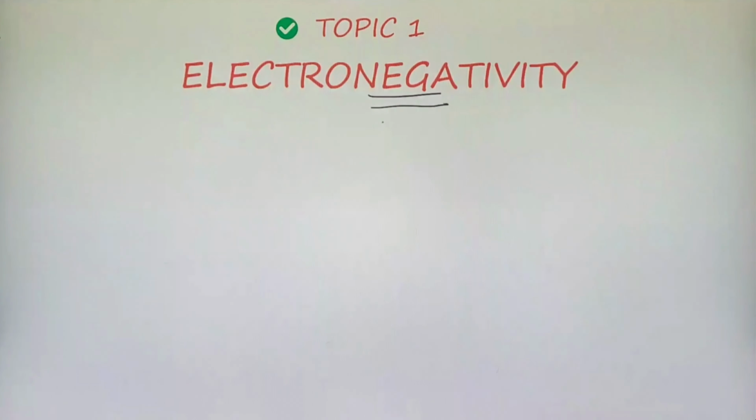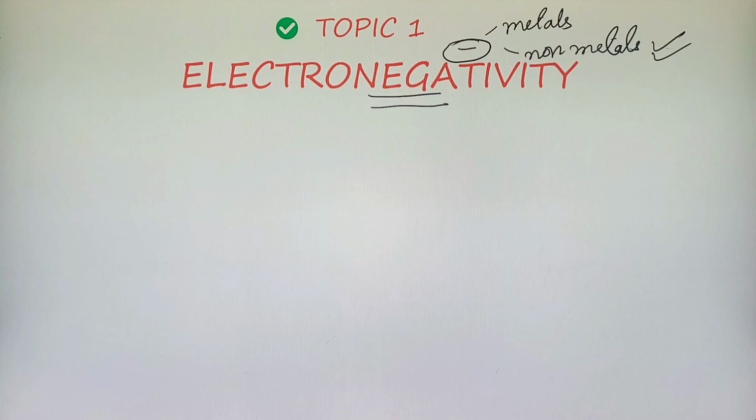Okay. Now children, before I start with the definition, I just want you to answer one thing. Can you tell me who will be electronegative in nature? Will it be metals or will it be non-metals? Yes, we know that metals are mostly electropositive, and so whenever I use the word electronegative, I know that non-metals are going to be more electronegative.